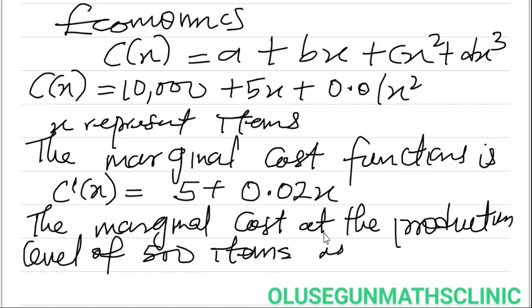So we want to know the production cost at 500 items, where x represents items. So the marginal cost, let's now put 500 into the equation.